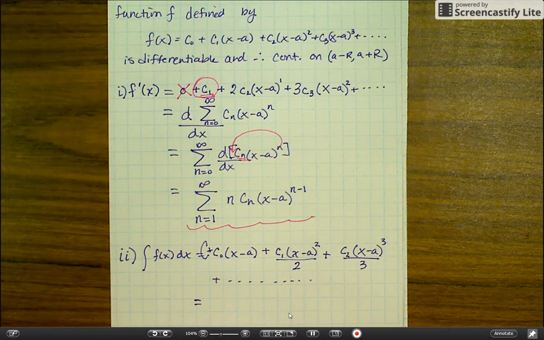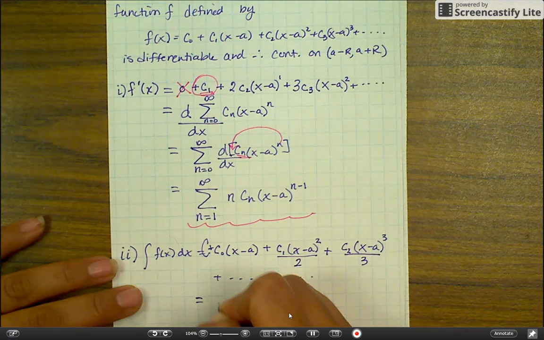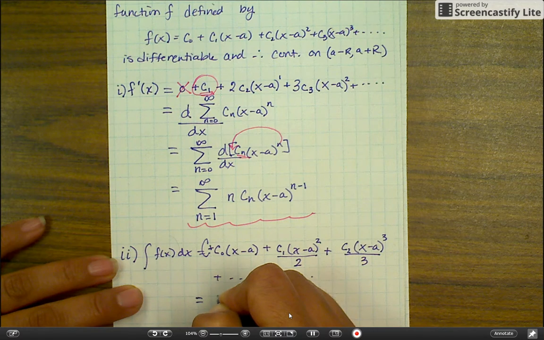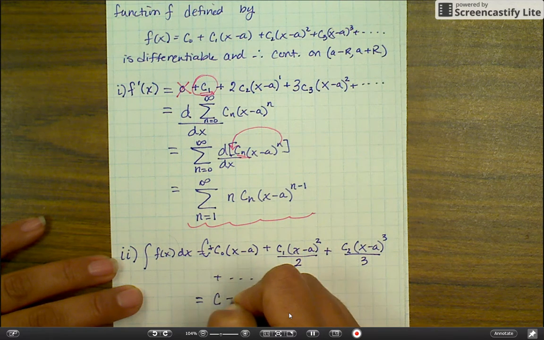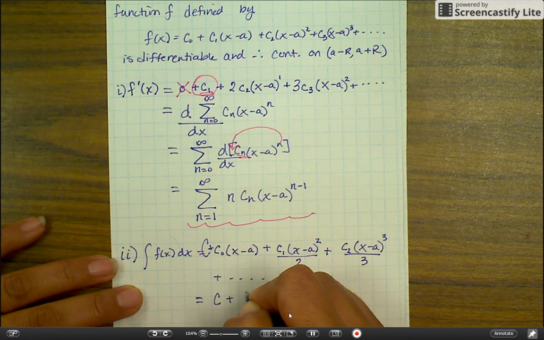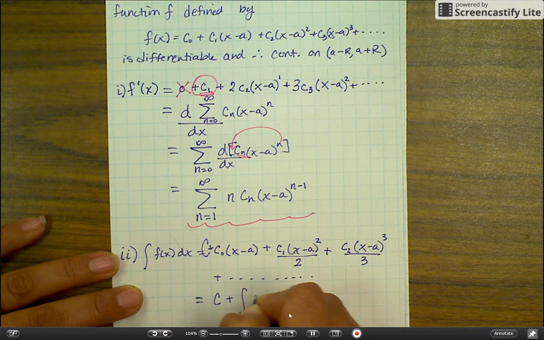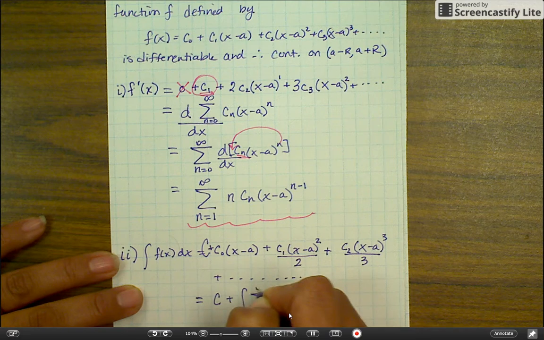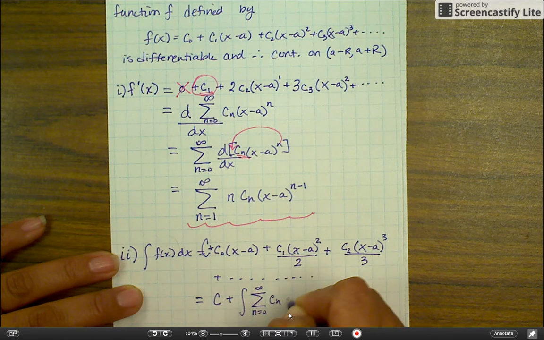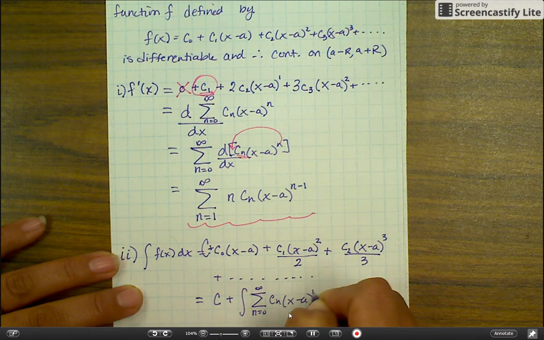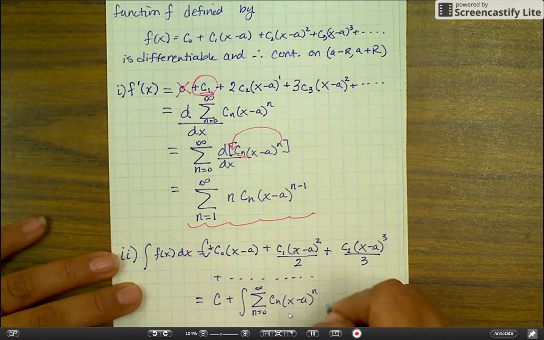Which I can write as c plus the integral of the sum n equal to 0 to infinity, cn times x minus a to the n dx.